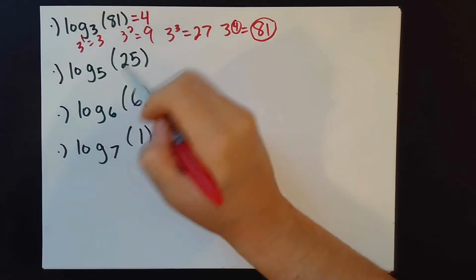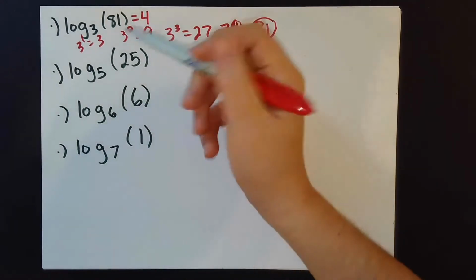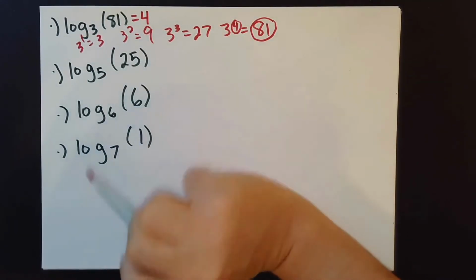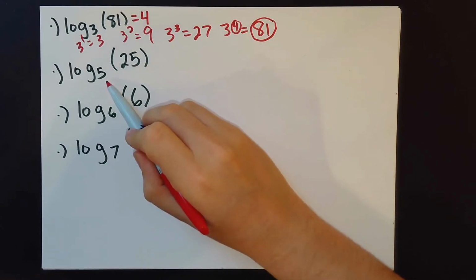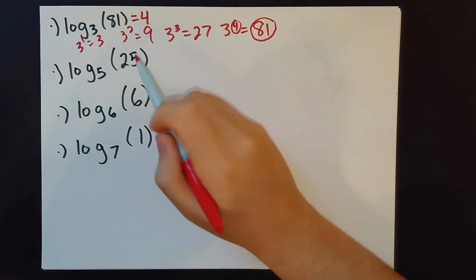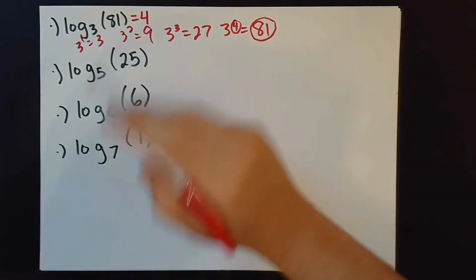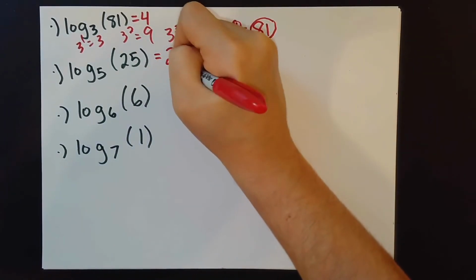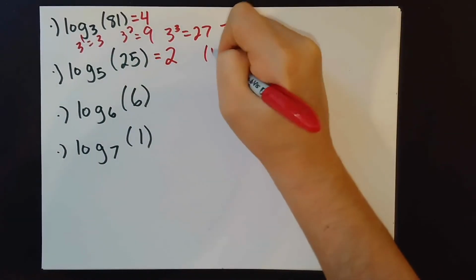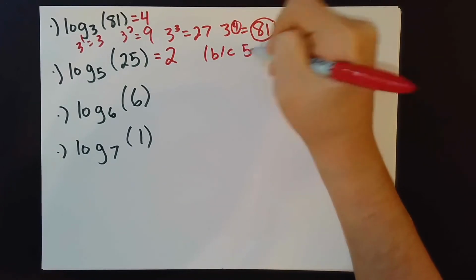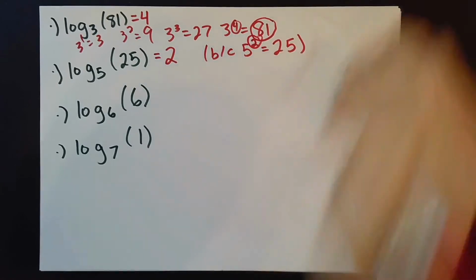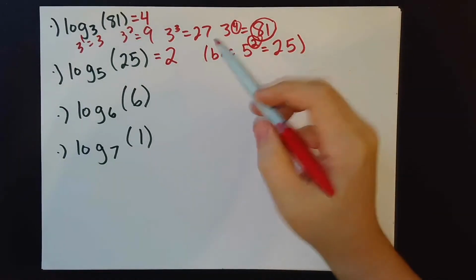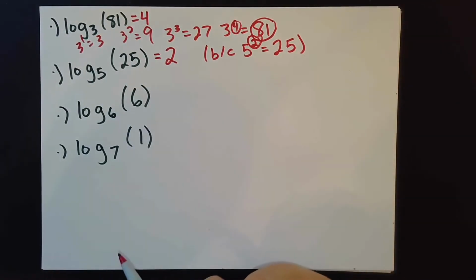For the log base 5 of 25, this is asking what power of 5 is 25? Well, 25 is 5 squared, so that is to say that 25 is the second power of 5. This is 2. And if I want to say why, it's because 5 squared is 25. And it's this power that we're reading off in order to read the logarithm.